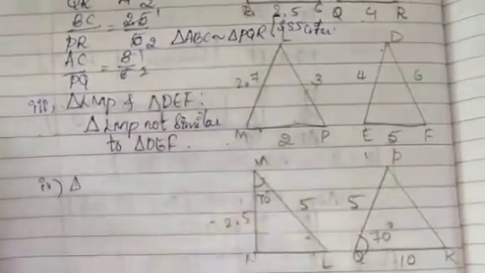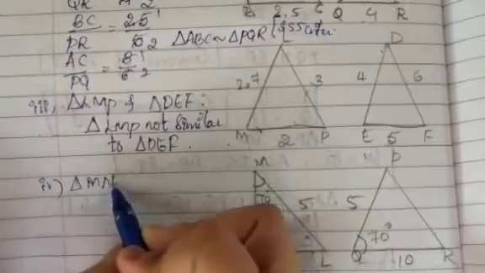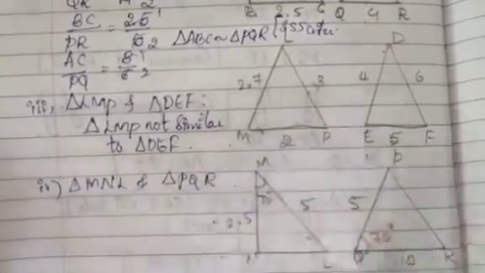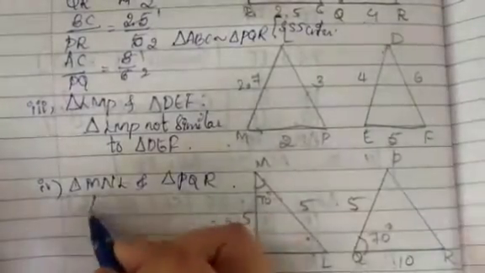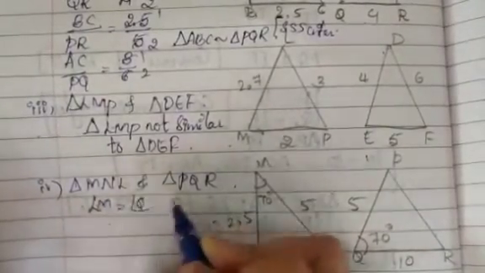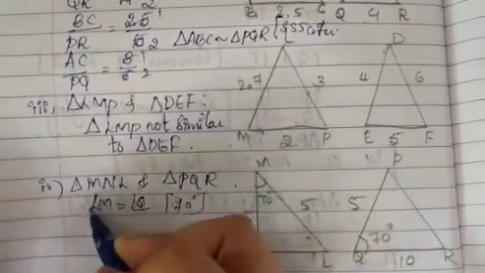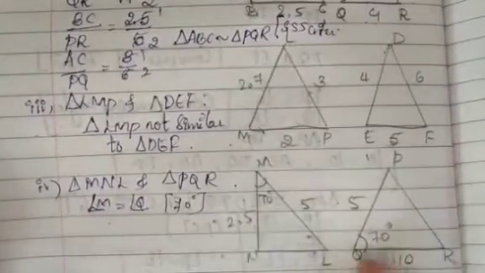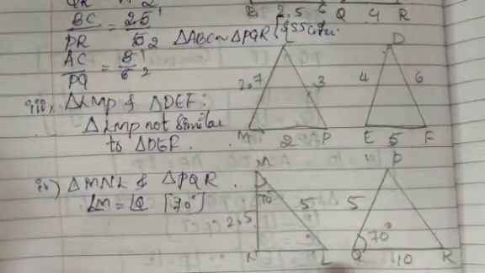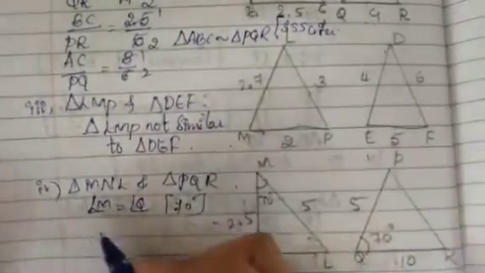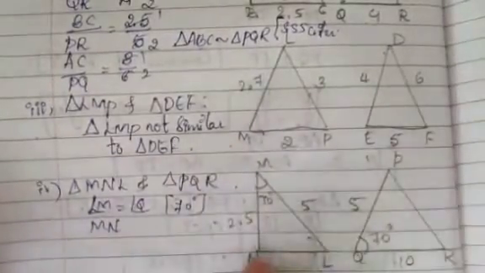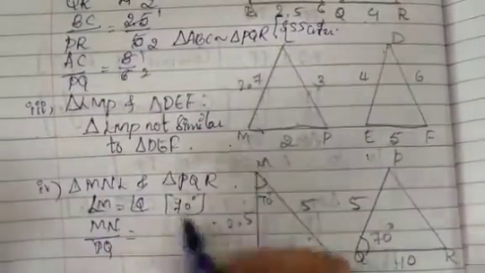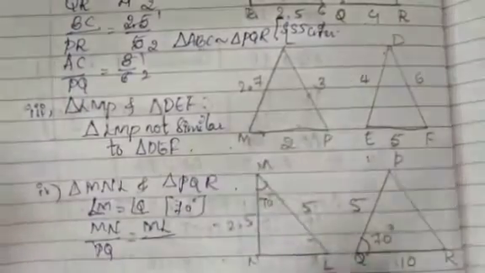So now let me take triangle MNL and triangle PQR. If I take these two triangles, angle M is equal to angle Q here because both are 70 degrees. Next, what about the corresponding sides? Let me take MN as well as PQ. So MN is 2.5 divided by PQ, and similarly ML divided by QR.